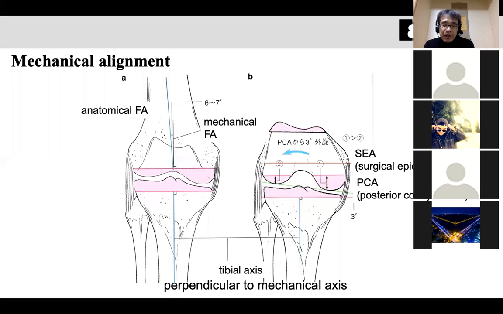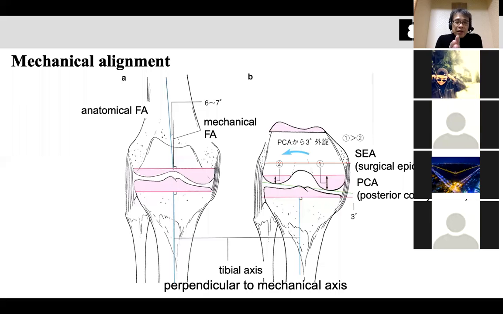Anyway, we consider the direction of the IM rod intraoperatively as the anatomical axis of the femur. We make an angle of 6 or 7 degrees in the valgus direction from the anatomical axis to define the mechanical femoral axis, make the perpendicular line, and cut the distal femur.